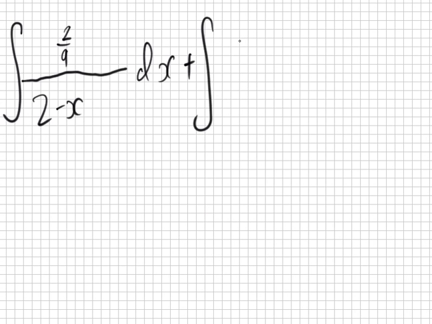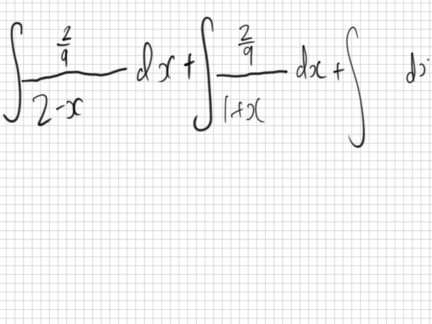Now, what was the A? 2 over 9 over, so what's the first one? X minus 2 minus X? Okay. Plus, what's the B? 2 over 9, wasn't it? Yeah. And then what was this denominator? 1 plus X. And then the last one, 2 over 3, 1 plus X squared.